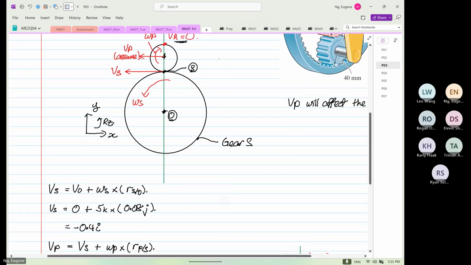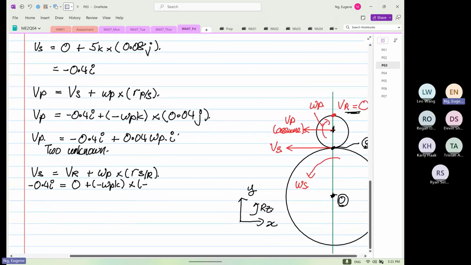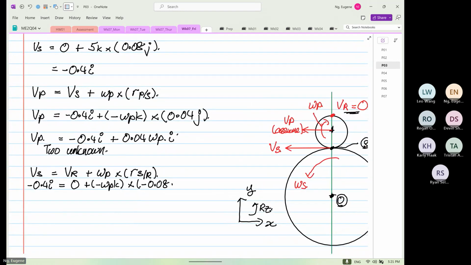The diameter of the gear is 0.08, so 0.08 J. So this will be equal to minus 0.4 I. And J cross K is positive, but there's a negative because of the cross, so minus 0.08 omega P I. Therefore, omega P is equal to 0.4 divided by 0.08, which is 5 radians per second.